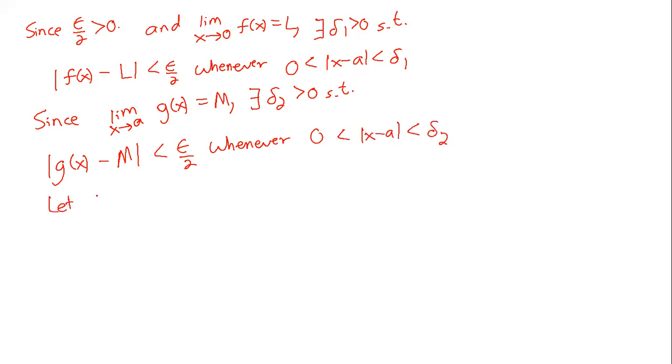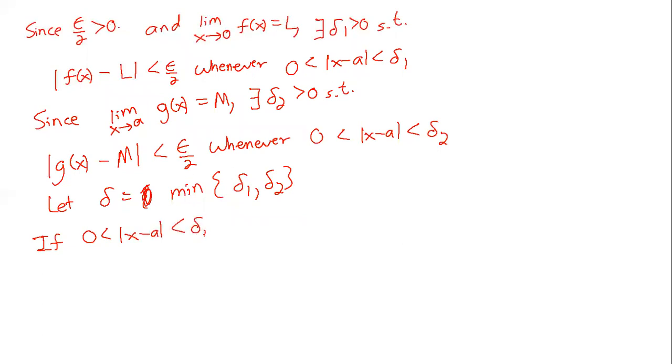So let's say that we take the minimum of delta 1 and delta 2. So we take the smaller of the two. Then we know that if 0 is less than absolute value of x minus a is less than delta, then 0 is less than absolute value of x minus a is less than delta 1, and 0 is less than absolute value of x minus a is less than delta 2.